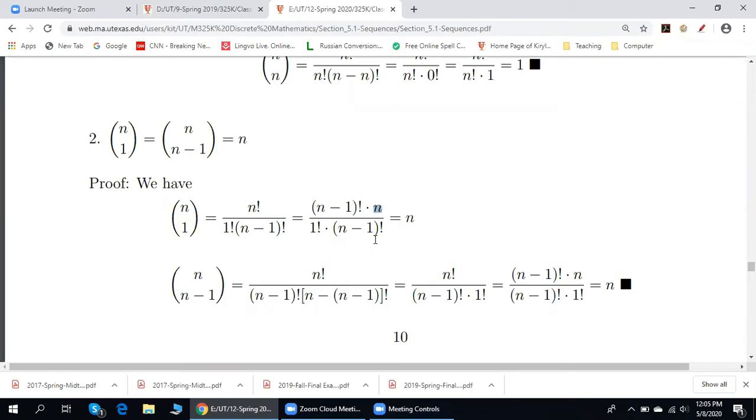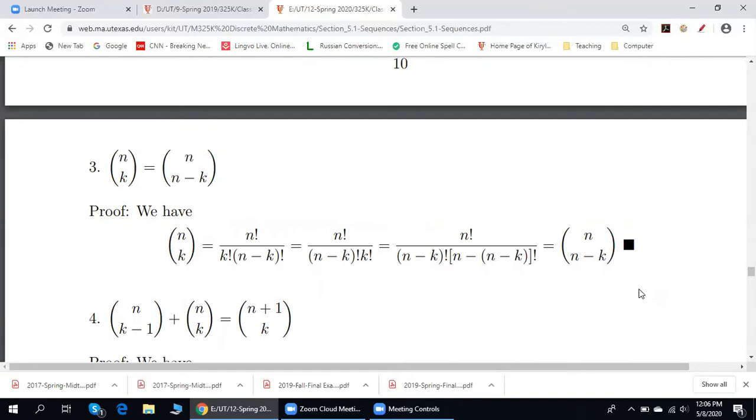We cancel out n minus 1 factorial, and the result follows. Similarly, in order to show that n choose n minus 1 is equal to n, we apply the formula first, we simplify this expression, and then rewrite n factorial as n minus 1 factorial times n, and after the cancellation, we get n.